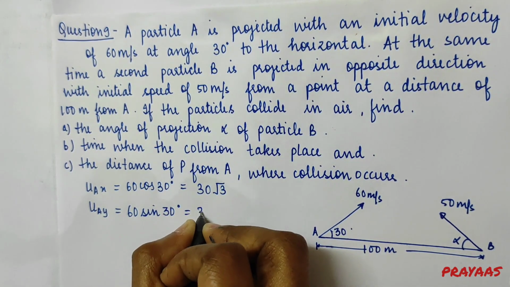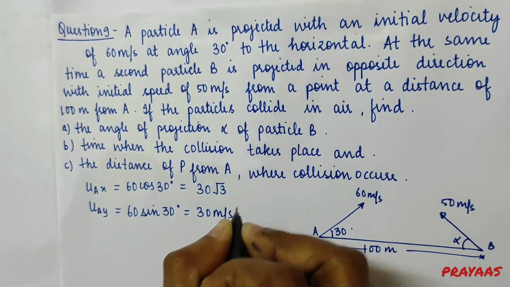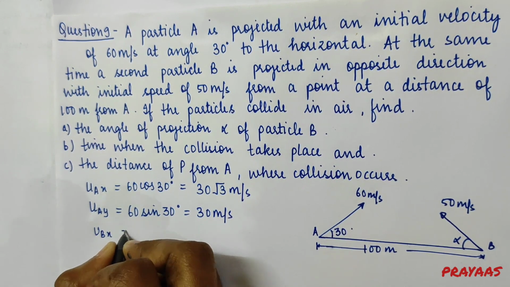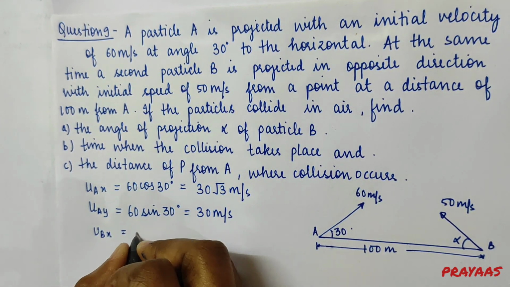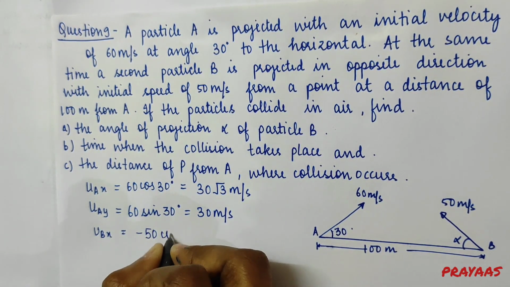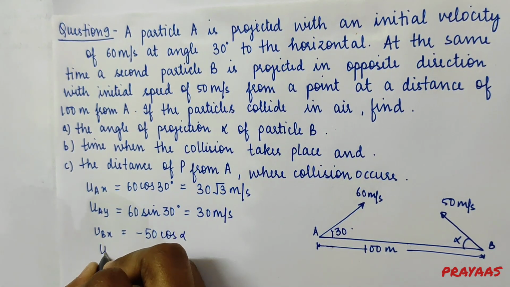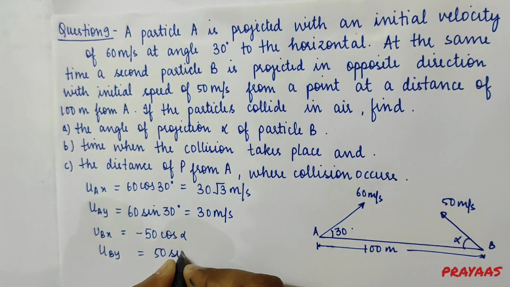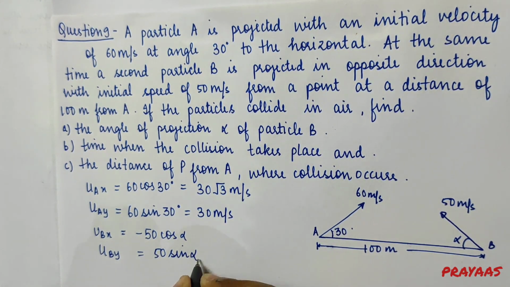This is 30 meters per second. UBX, that is velocity of B in x direction, is minus 50 cos alpha, and UBY equals to 50 sin alpha.